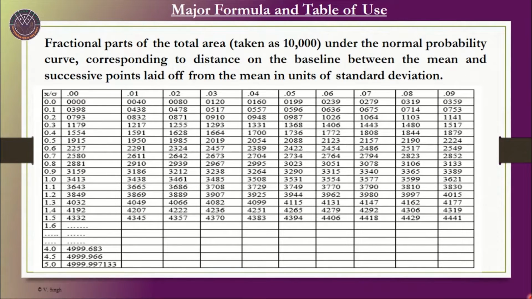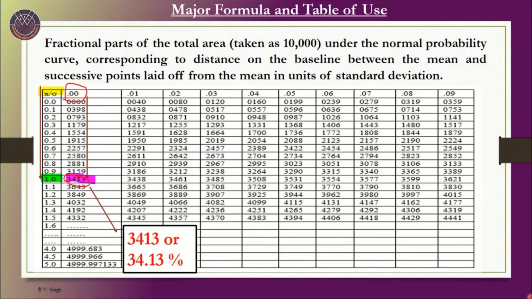To find the number of cases in the normal distribution between the mean and the ordinate erected at a distance of 1 sigma unit from the mean, we go down the x by sigma column until 1 is reached, and in the next column under 0.00 we take the entry opposite to 1, namely 3413. This figure means that 3413 cases in 10,000, or 34.13% of the entire area in the curve, lies between the mean and 1 sigma unit.